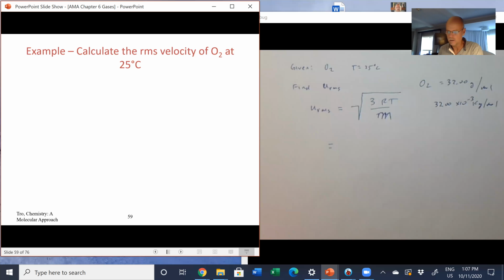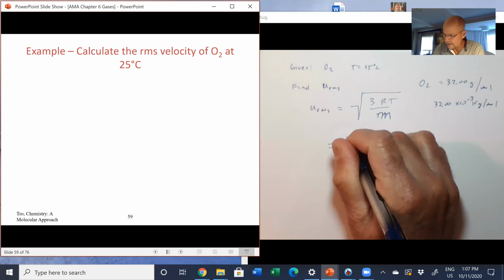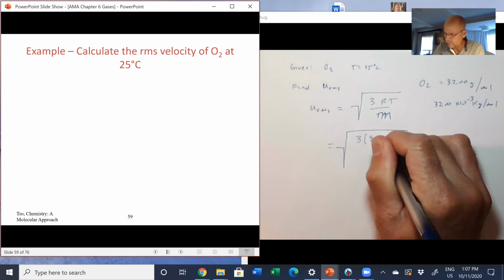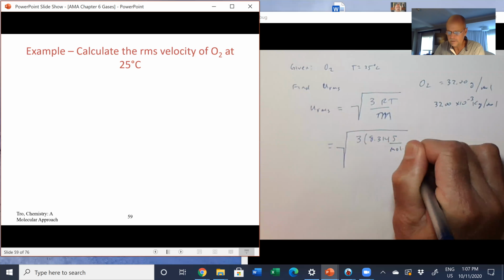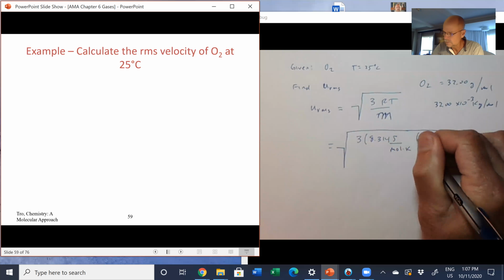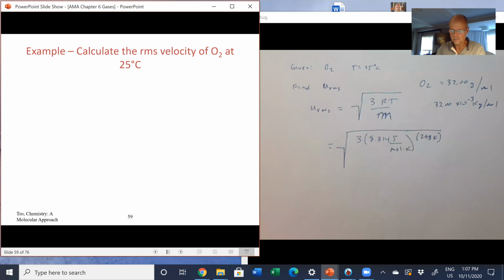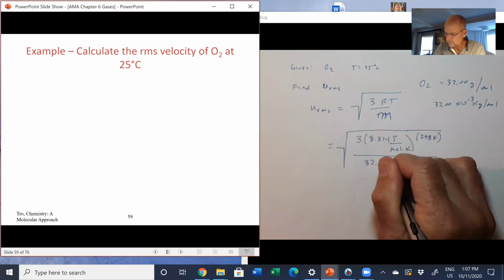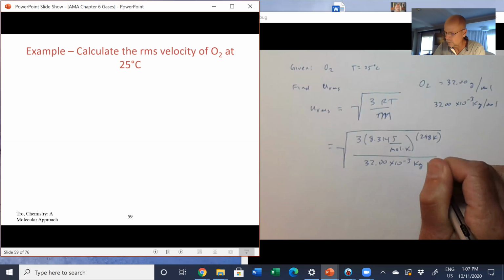Okay, so we plug in here, we get that the root mean square velocity is equal to 3 times 8.314 joules per mole Kelvin, times 298 Kelvin, and we divide by 32.00 times 10 to the minus 3 kilograms per mole.